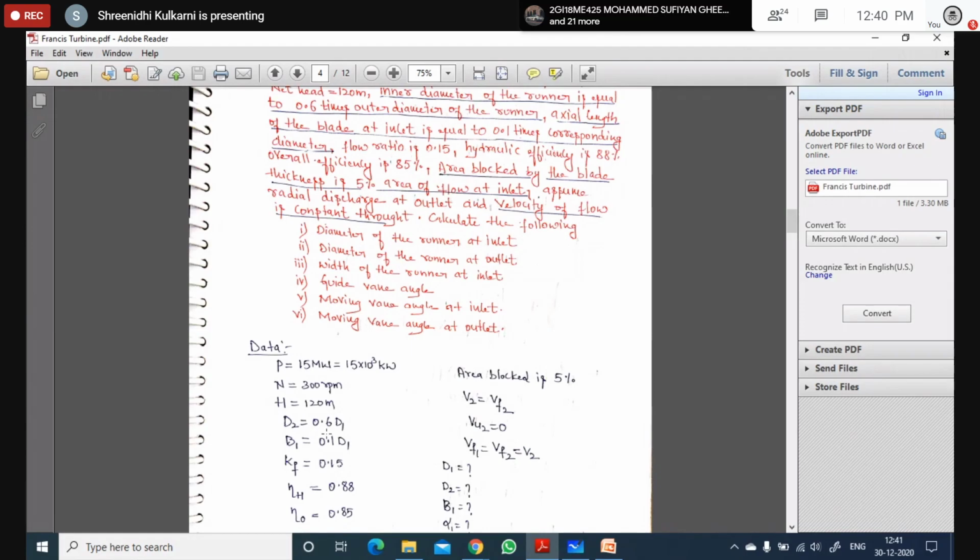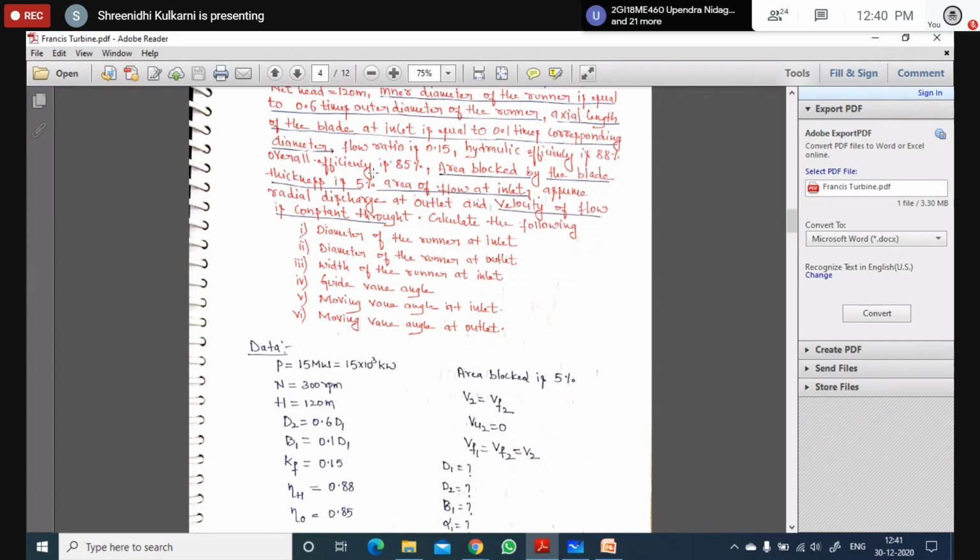Next, the axial length of the blade at inlet is equal to 0.1 times corresponding diameter. Axial length is nothing but the width. We want to find out at inlet, inlet is nothing but B1. So B1 is equals to 0.1 into corresponding diameter, that is D1.